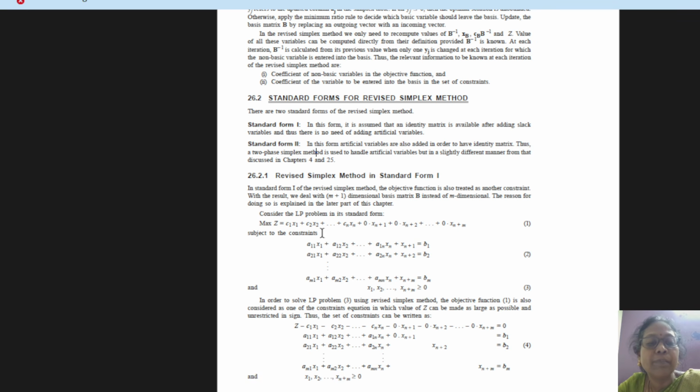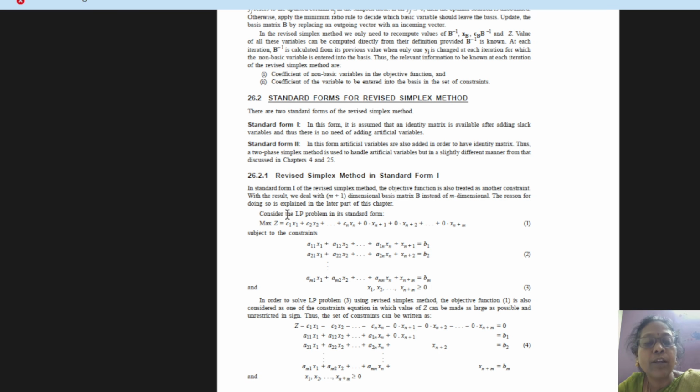The canonical form is max z equals c1x1 plus c2x2 and so on up to cnxn, subject to the constraints a11x1 plus a12x2 and so on a1n xn less than or equal to b1, and so on, am1x1 plus and so on amn xn less than or equal to bm, and finally the restricted constraints x1, x2 up to xn greater than or equal to 0.